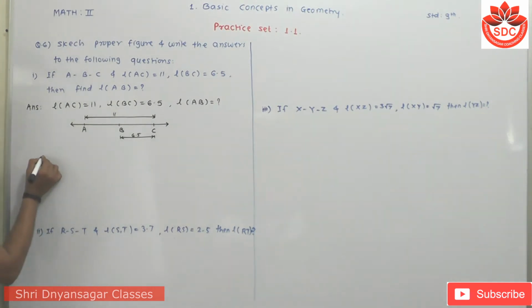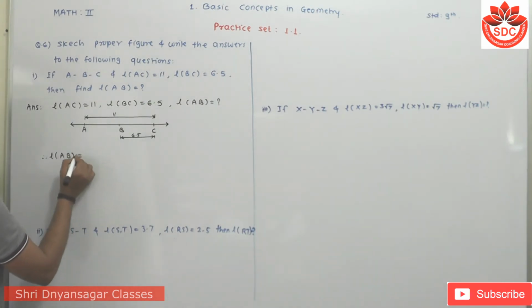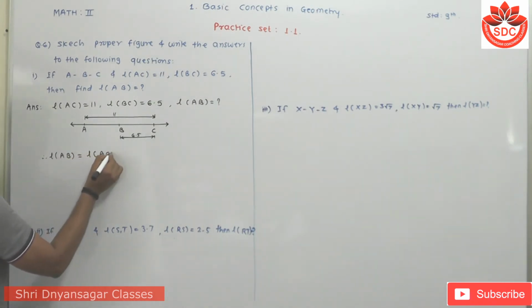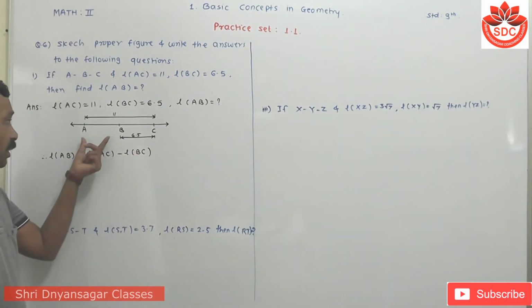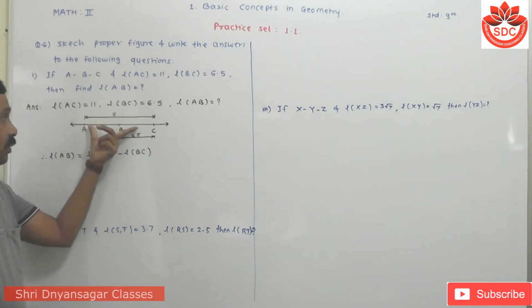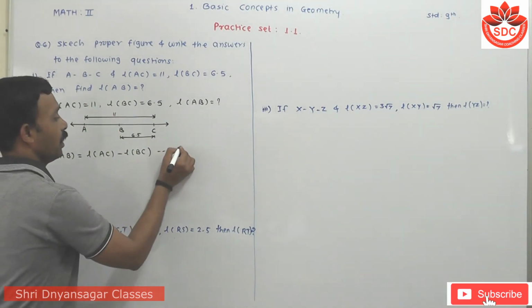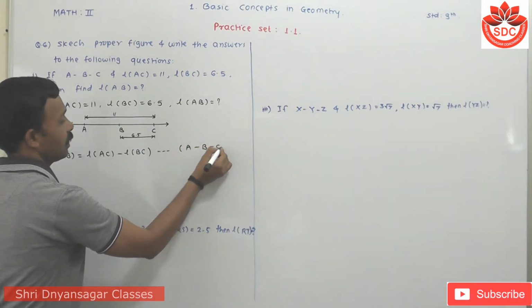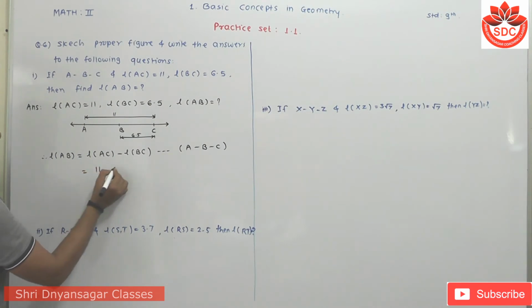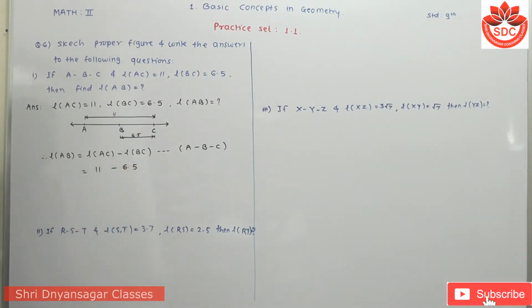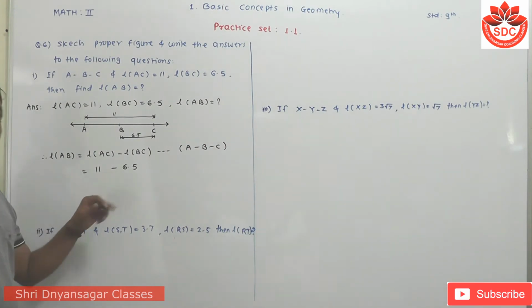Now the in-betweenness property is that length of AB, that is the distance of AB, is equal to length of AC minus length of BC. Substitute the values here. This is 11 minus 6.5. Now this 11 means 11.0.